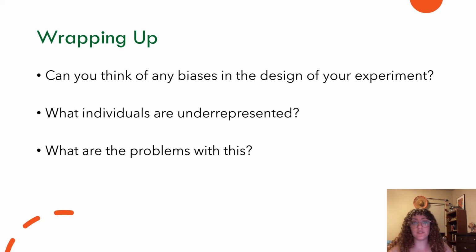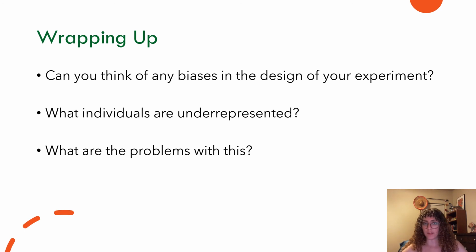So take a second, think of any biases that might have been in the design of your experiment, just things that you weren't aware of, or if there are individuals that are underrepresented or that couldn't have done this experiment and what that says about your data. And if there are issues with this, in a lot of biology research, especially human research, it's hard to make sure that every individual is represented.